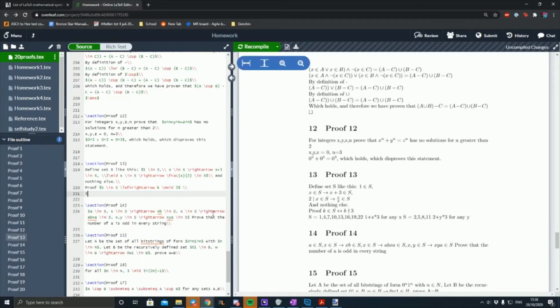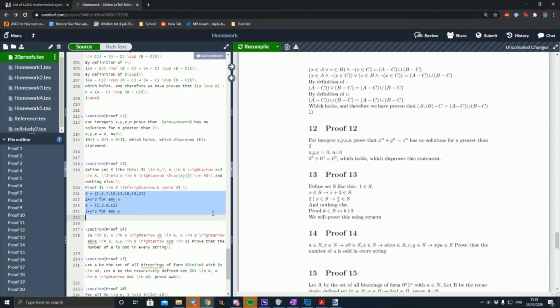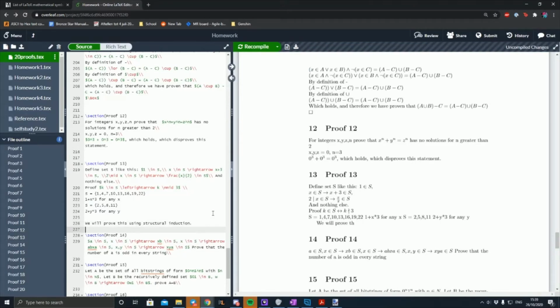We're going to do this using structural induction. We will prove this using structural induction. Actually, let me keep this here as a note. The base case: 1 is in S. And let me put some brackets around that.